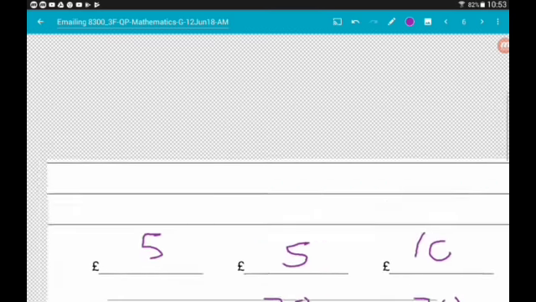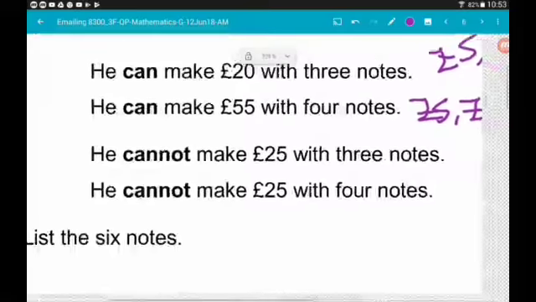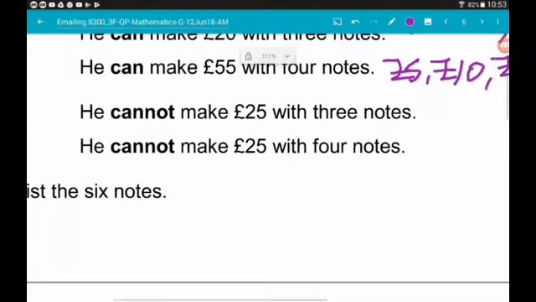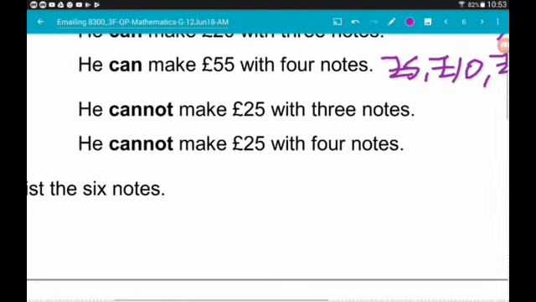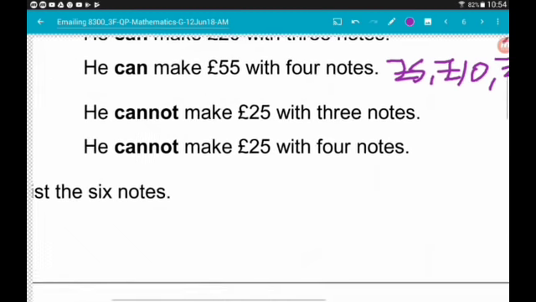Okay, so now we're going to use the bottom 2 statements to work out the missing note. So he cannot make £25 with 3 notes. So the way that we would make £25 with 3 notes is 10, 10, and 5.